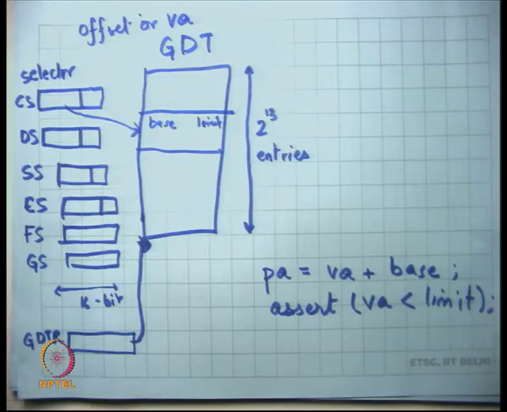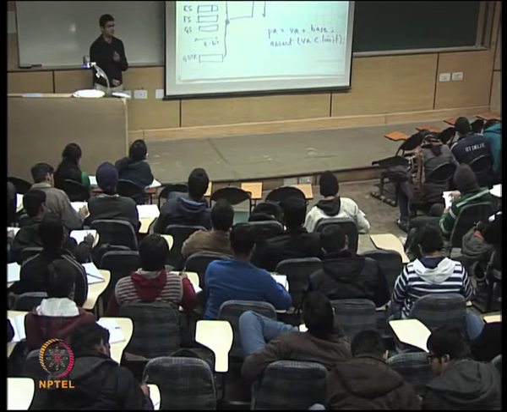And so even if the program changes its selectors, it can only change it to one of the allowed values, right? So if there is no base and limit for the OS address space in the GDT, then it will never be able to access the OS's address space.